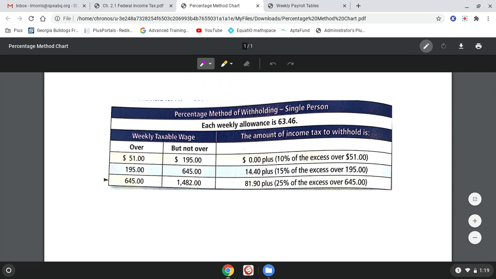This chart tells you where to look. If it's over $51 but not over $196, then 166 would fit into that range. So the amount taxed is going to be whatever this amount is. In this case, it's $0 plus 10% of anything over 51.